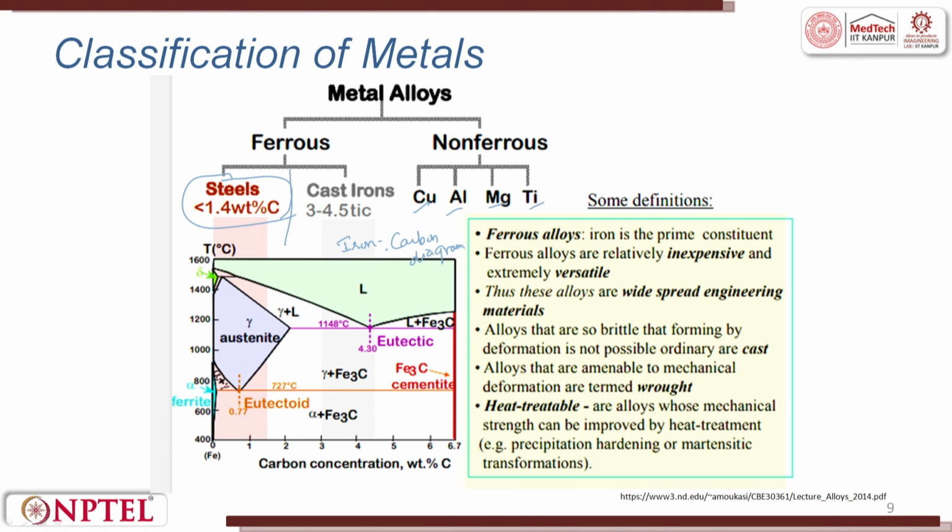Through this diagram, I can find out what the different phases are. If I want a particular phase, what should I do? What percentage of carbon should I add so that it produces these phases? Why are these phases very important? These phases in turn dictate the properties or characteristics of whatever iron material or iron alloy you use.